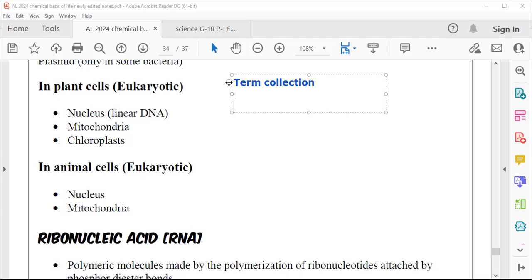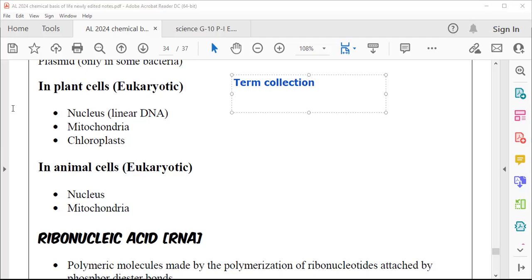Rima, you are collecting the terms. Amna, Anam. Azim is new to our class today, I will inform Azim separately. And Asma only joined us last class.